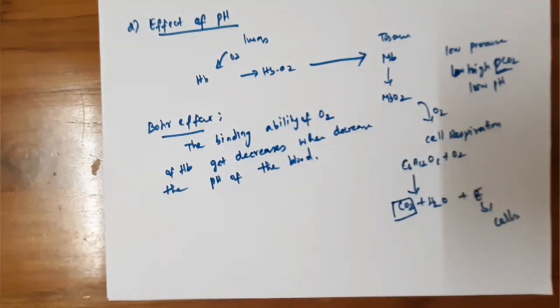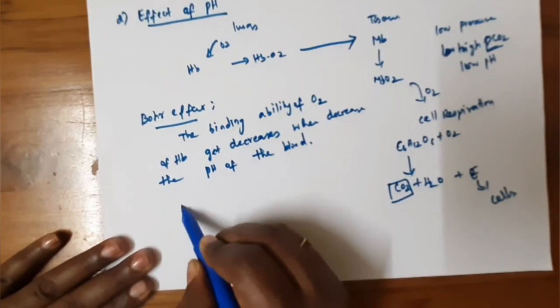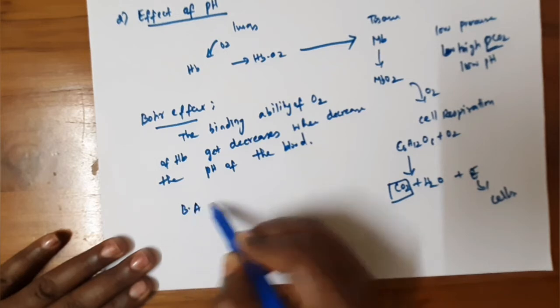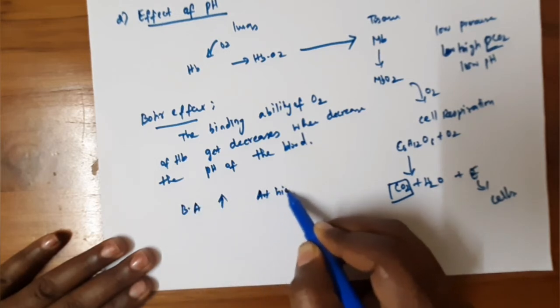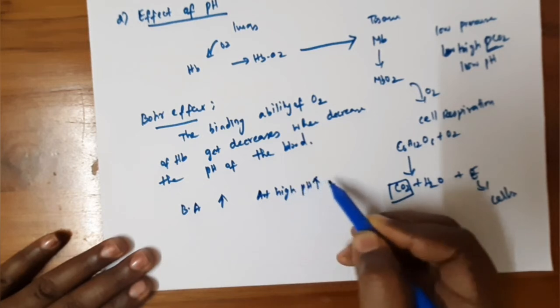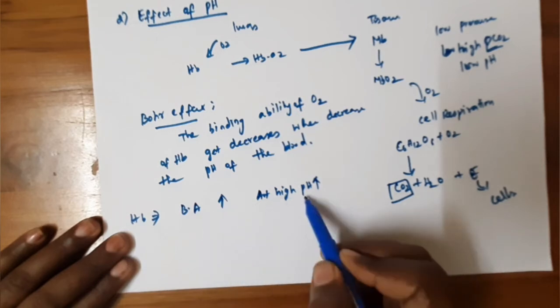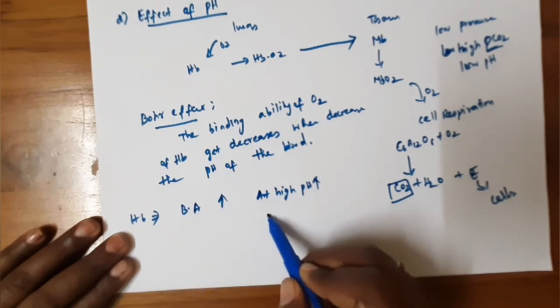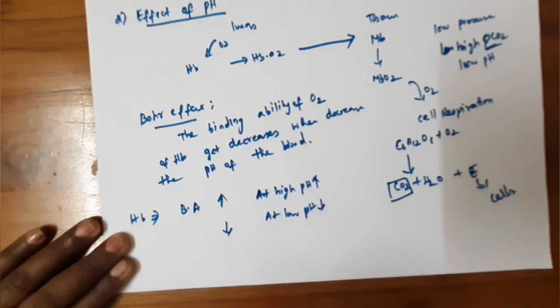Okay, so hemoglobin in tissues: the binding affinity increases at high pH. So the oxygen binding ability of hemoglobin increases at high pH, and at low pH, binding capacity decreases.